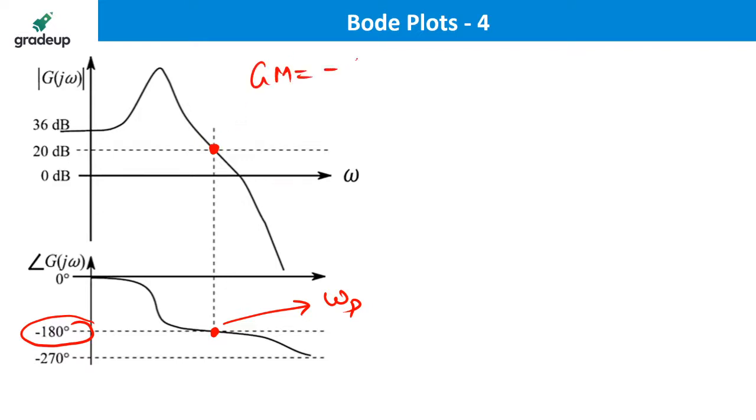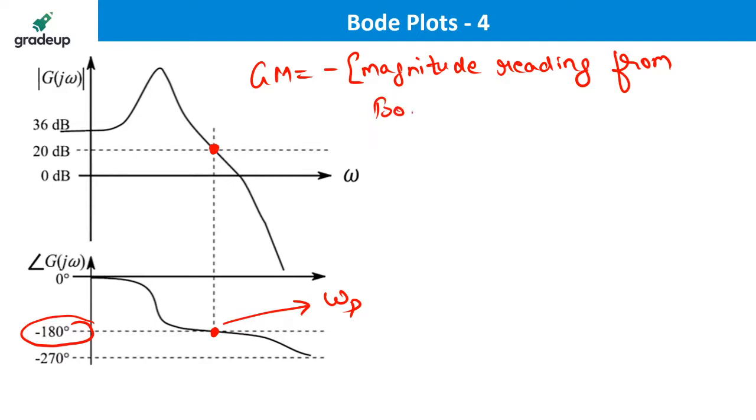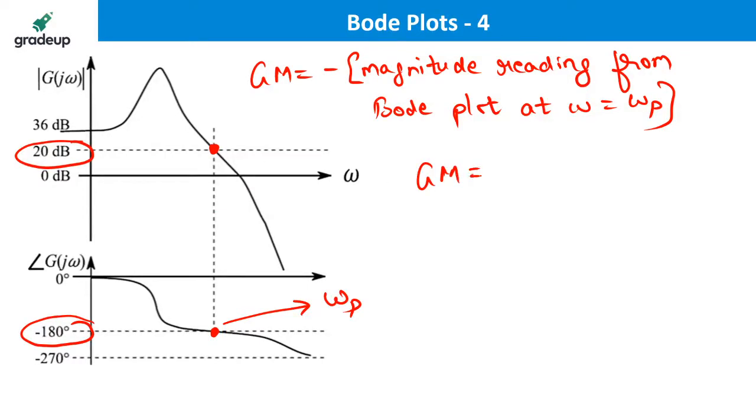Gain margin, I've told you, is the negative of the magnitude reading from the Bode plot at omega equal to omega p. So at omega equal to omega p, the magnitude is 20 decibel. So the gain margin is minus 20 decibel.